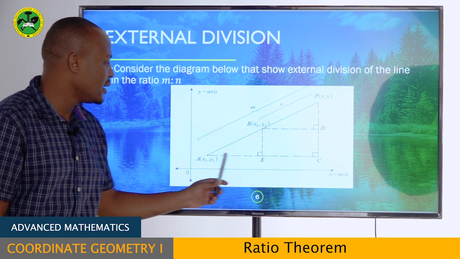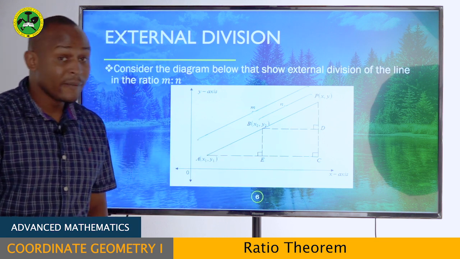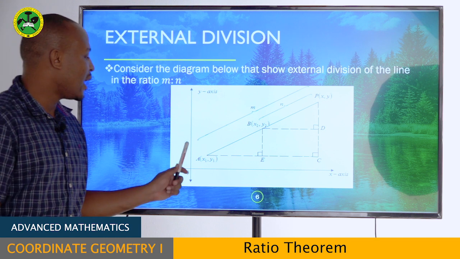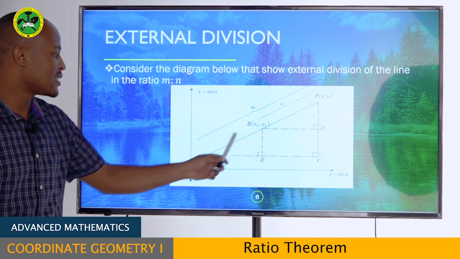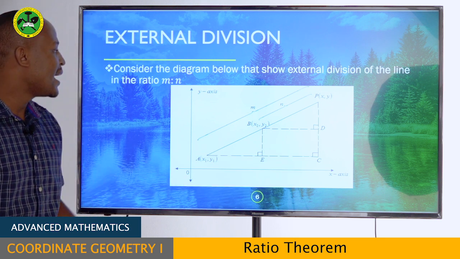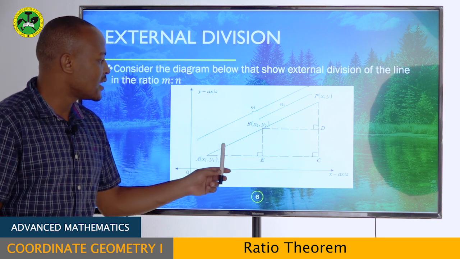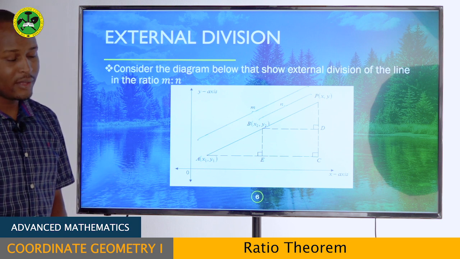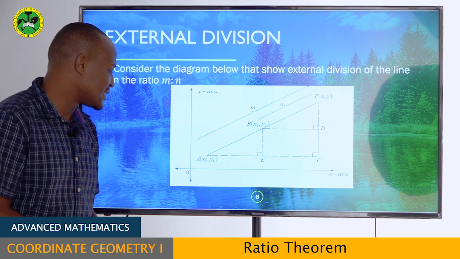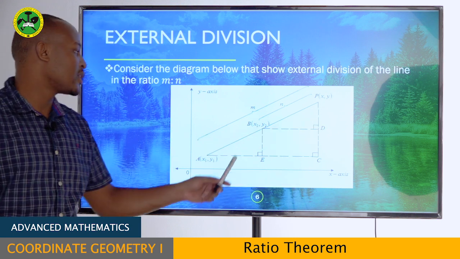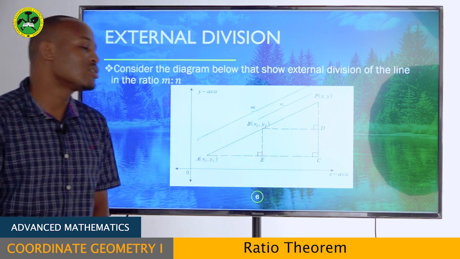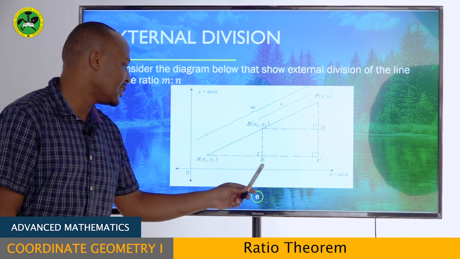That will be triangle ACP, the larger triangle, and triangle BDP. You can construct that and see how it appears. Then we can find the two points by the use of the theorem of similarities. As you can see, triangle ACP is similar to triangle BDP, and also similar to triangle AEB.